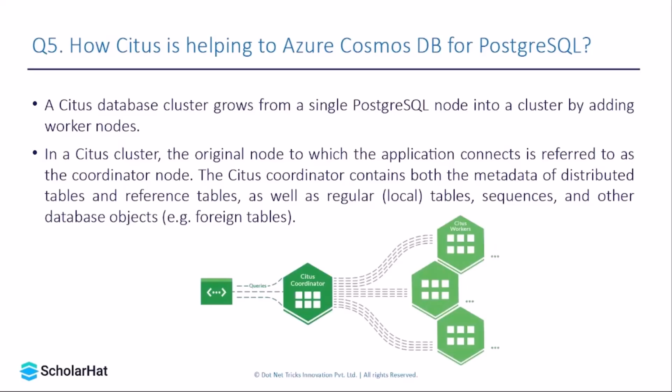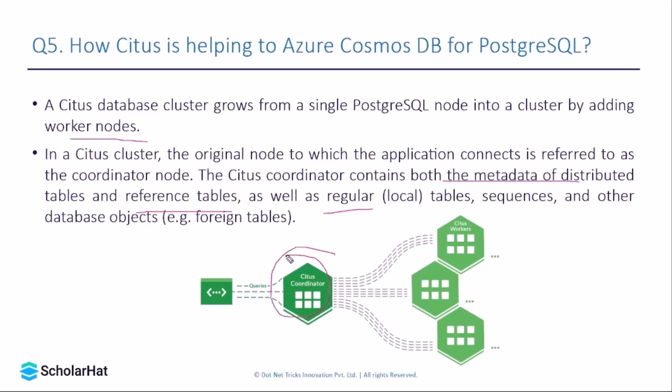So you can simply say that the Citus extension helps to include any worker node in PostgreSQL, and it also helps us to connect with the metadata of distributed tables and reference tables. It could be a regular local table, sequences, and other database objects.